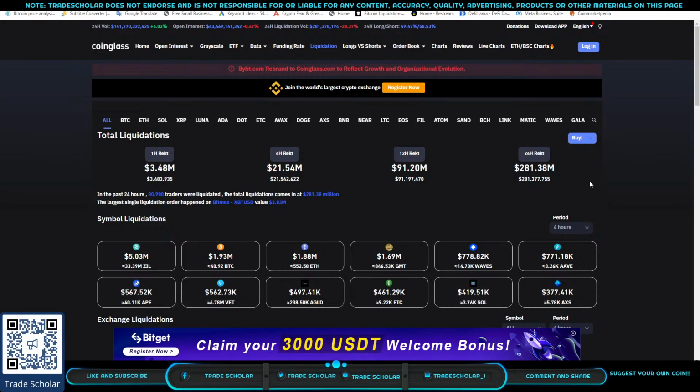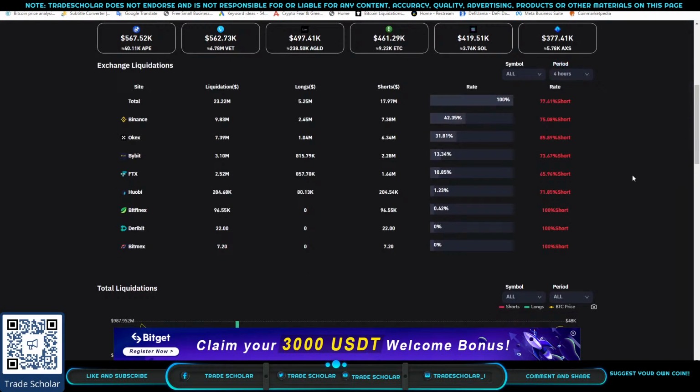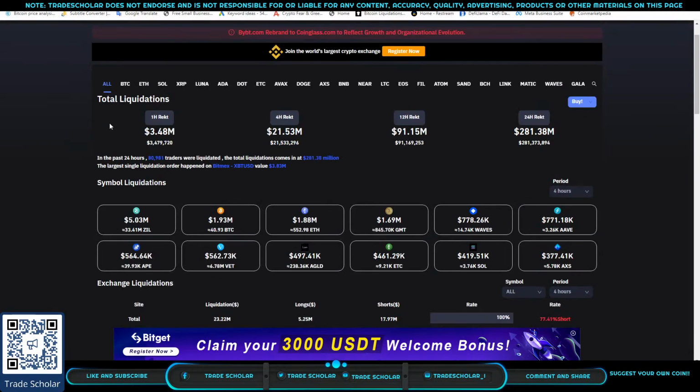In 24 hours, we have $281 million got wrecked. On the 4 hour time frame, 77% short positions got wrecked. Why are they wrecked? They are opening high leverage and they don't use stop loss. Are you one of the contributors of these liquidated people?